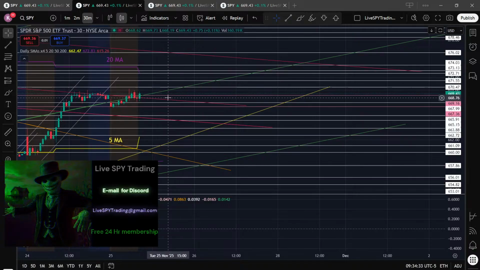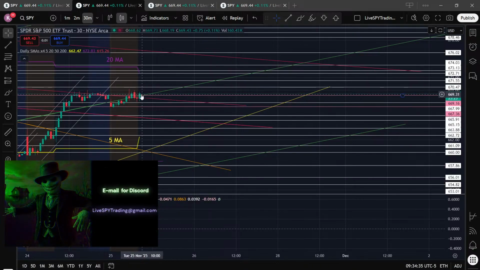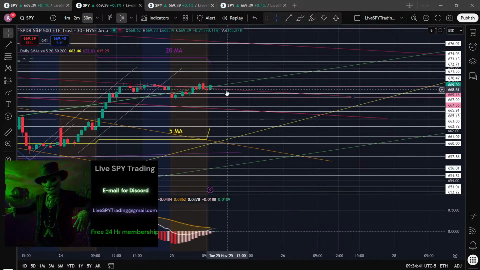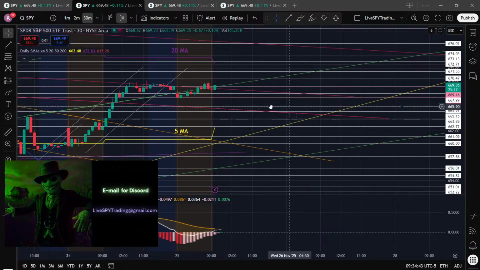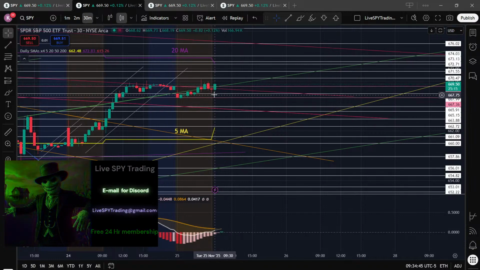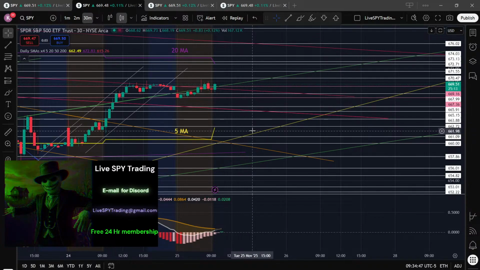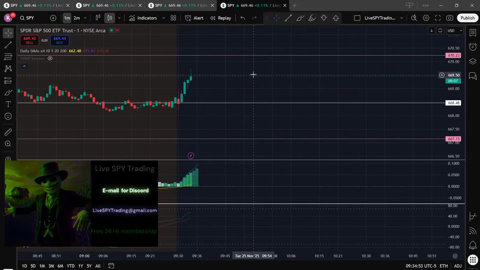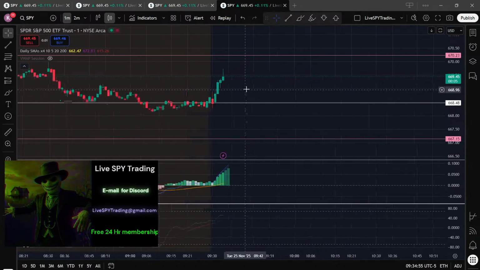All right, these 30-minute pinks kind of already started to hit, so maybe wait on the entry for this. Wait for a retest, I guess. What is it? 669.47. Oh, we're right on it right now. So let's see what happens at 669.47.